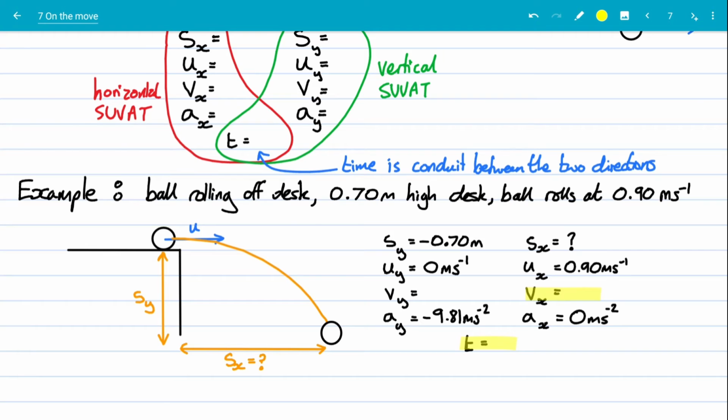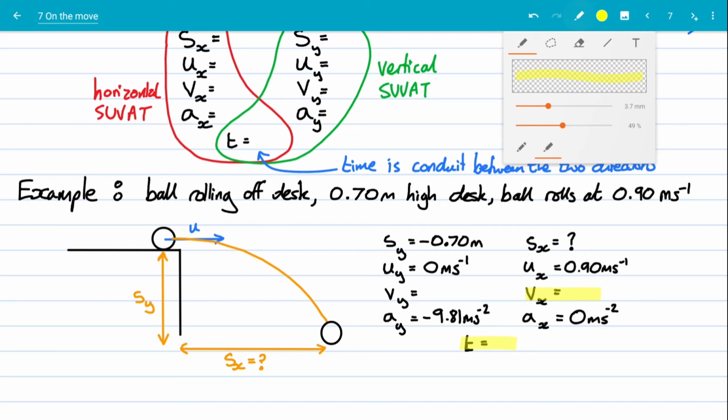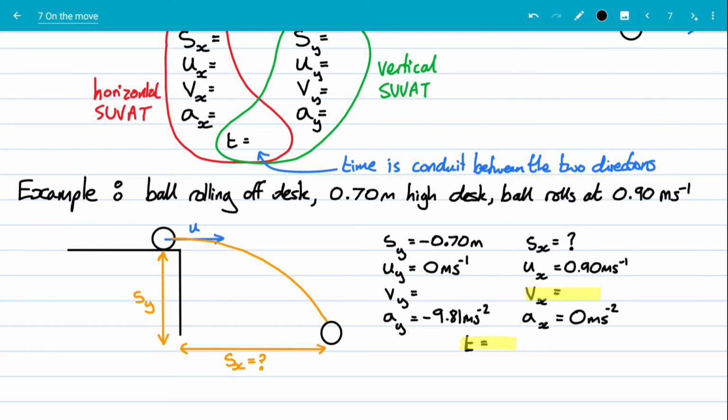Now, if I did have the v and I was using the no t equation, I still can't calculate s. I can't use the no t equation on the horizontal by itself. Look, v squared is equal to u squared plus 2as. That's the no t equation. This is all horizontal, so let's say x, x, x, and x.